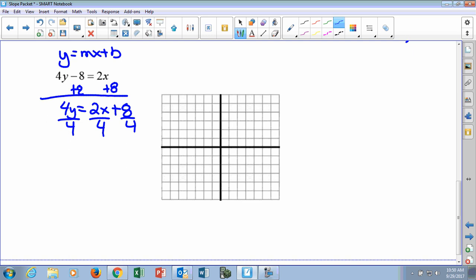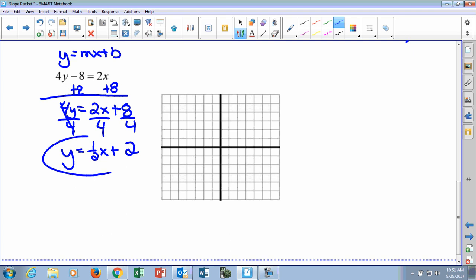Okay? So 4 divided by 4 is what, everybody? 1. Leaving me just y. So there's my y, all right? First mission accomplished, right? Now, 2/4, I can reduce that, right? 1/2. Plus, and then what's 8 over 4? 2.